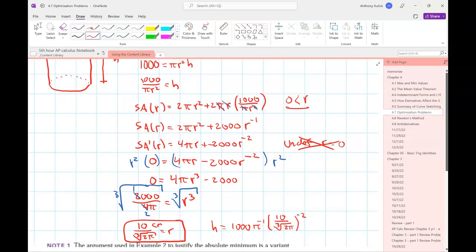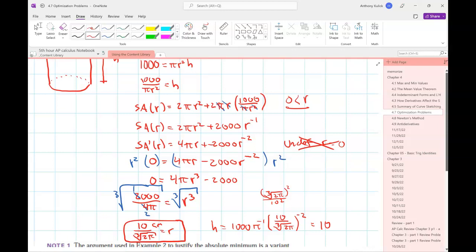And I can simplify that up a bit. So that's going to make a reciprocal here, right? So I'm going to end up with 3 over 2 pi squared over 10 squared. So I can reduce those fractions. So like the 10 squared and the 1,000 become a 10.